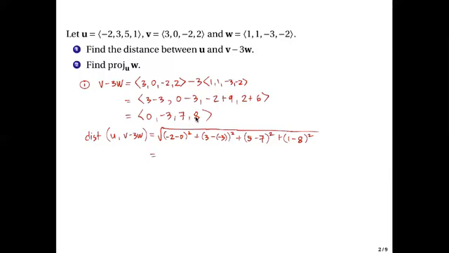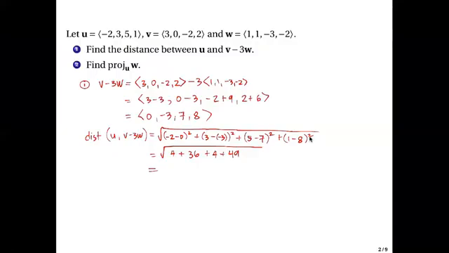So if you simplify, we have -2 squared, that's 4, plus 3 minus -3, this becomes 3 plus 3, so that's 6 squared, that's 36. Here you have 5 minus 7, that's -2 squared, so that's plus 4. And finally, 1 minus 8, that's -7. If you square it, that becomes 49.